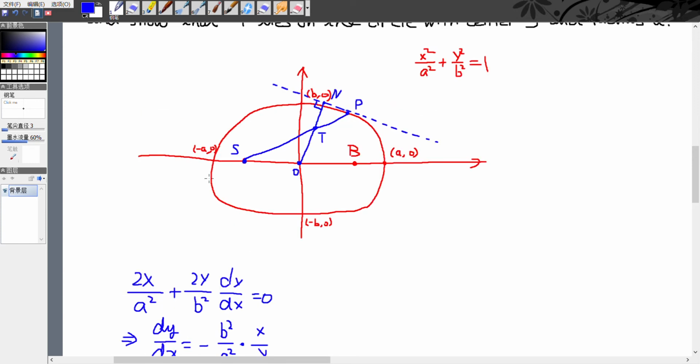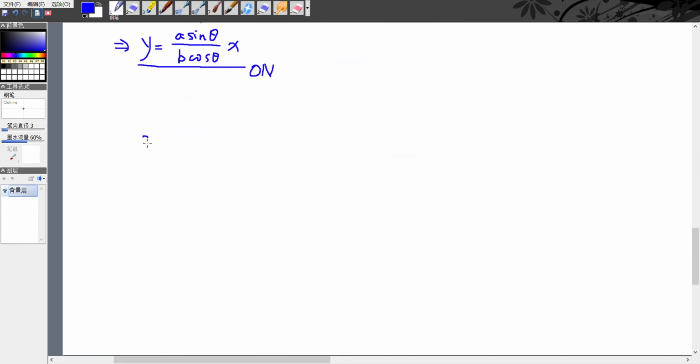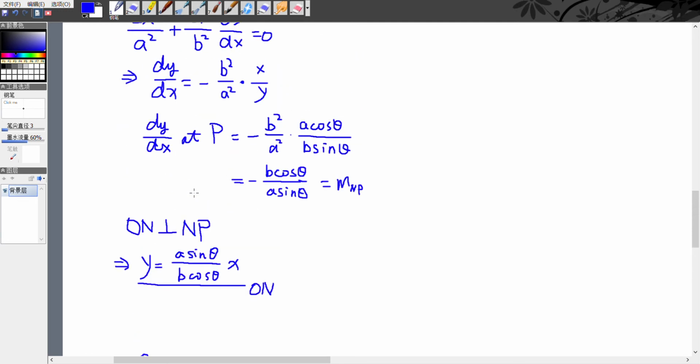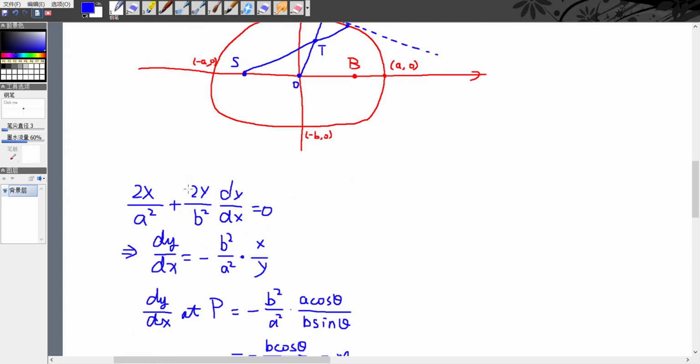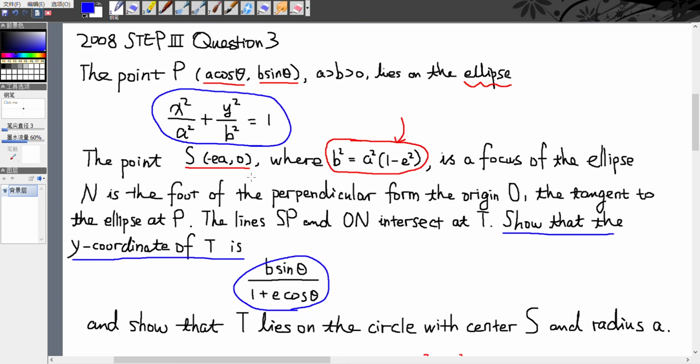So next goal, we want to find the formula for PS, which is not very difficult because we have the coordinates of both S and P. What we want to do is just combine the equations after substituting what we have. So point P has coordinates a cosine theta and b sine theta.